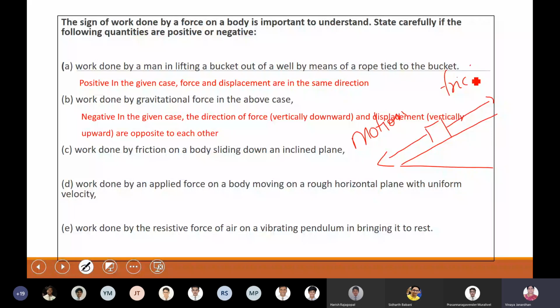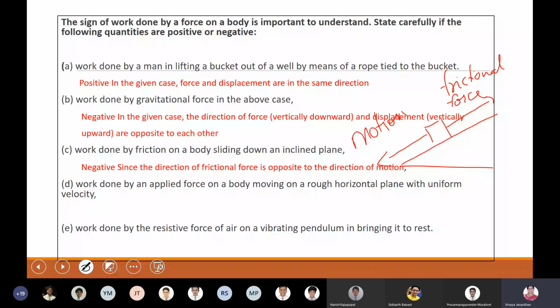Negative. Whenever frictional force comes into play, the work done by the frictional force is always negative, because if a body moves downwards, the frictional force will always act in the opposite direction. So work done by the frictional force is negative, since the direction of the frictional force is opposite to the direction of the motion.